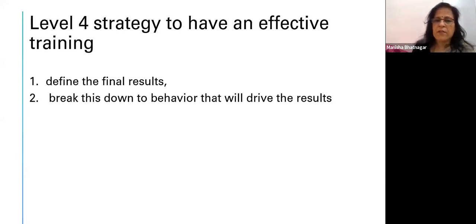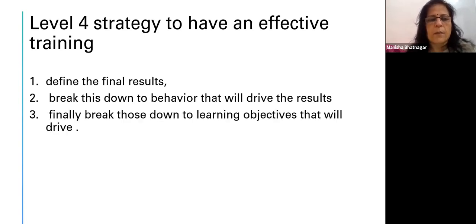What kind of behaviors are expected? Behavior here includes knowledge, skill, and attitude. What kind of behavior do we expect in people which will give these results? Are they really getting it? Then it will become easier for you to do this evaluation.